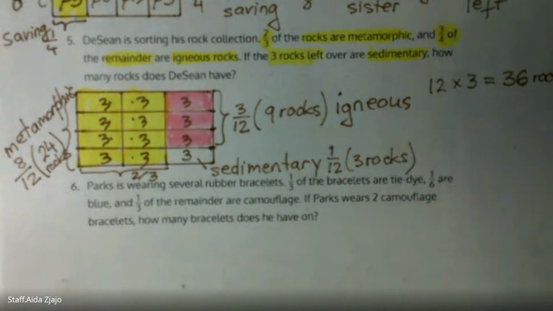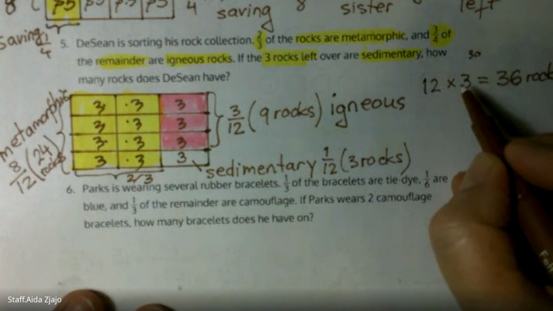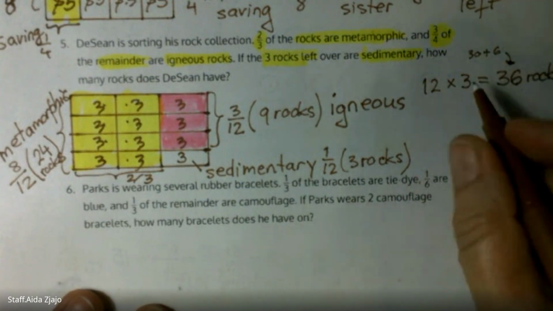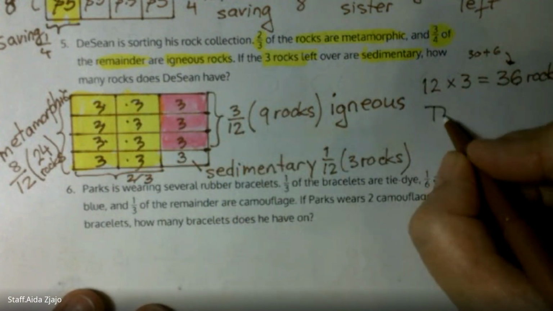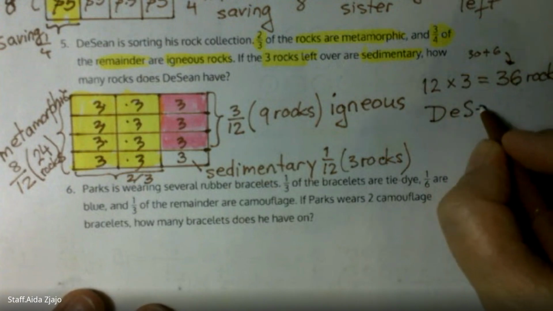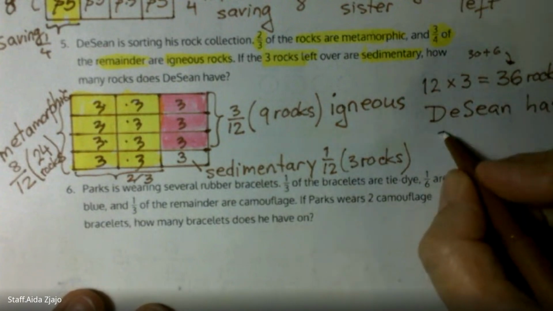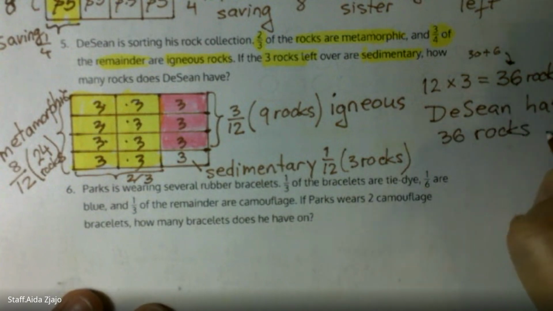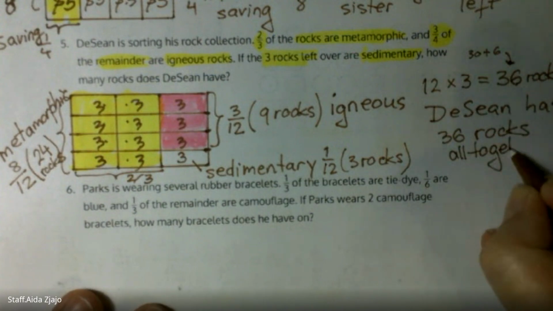Okay, so 10 times 3 is 30 in your brain, and 2 times 3 is 6. Together they make 36. So let's write it down. How many rocks does Dijon have? Dijon has 36 rocks all together.